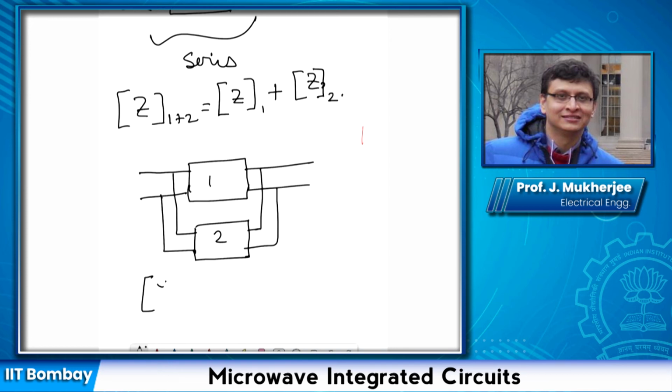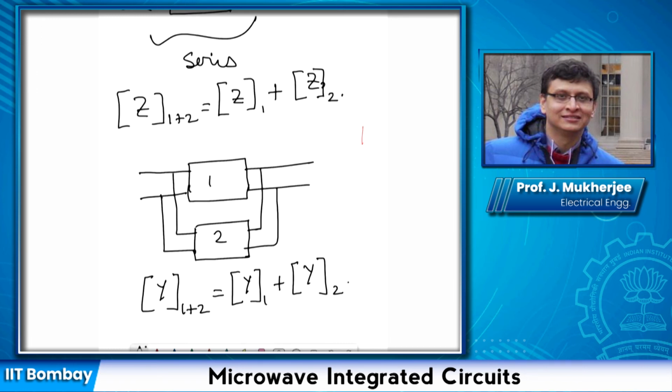So similar to the two networks connected in series, the overall Y matrix of this combined system will be the sum of the Y parameters of the individual networks.